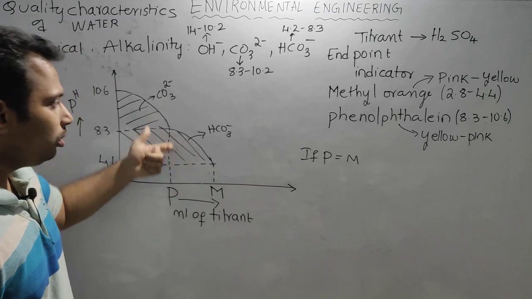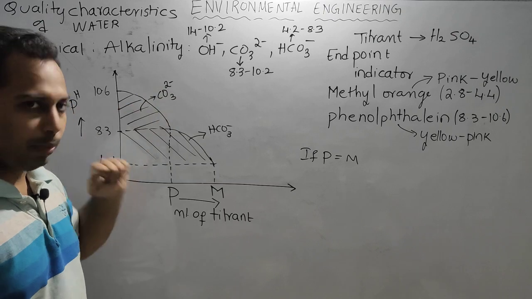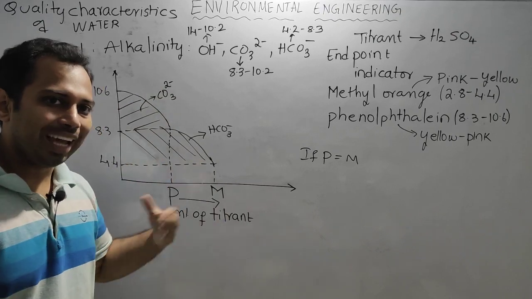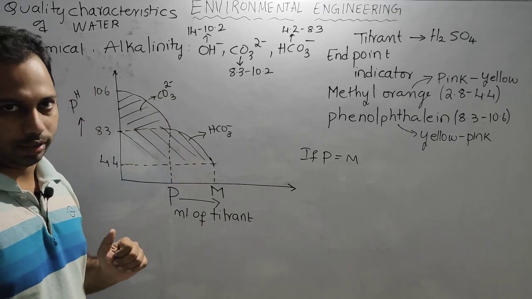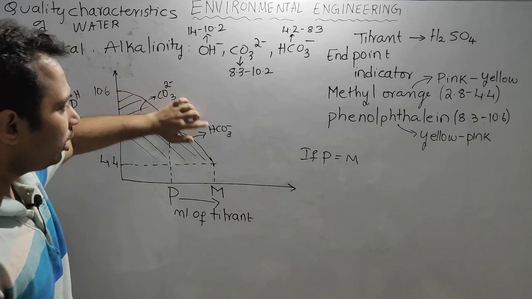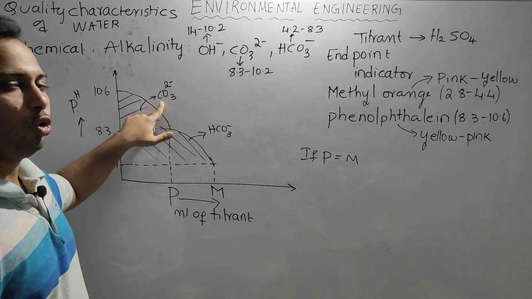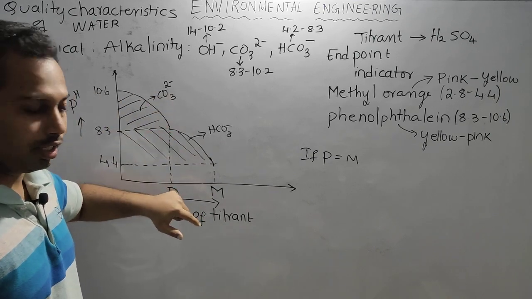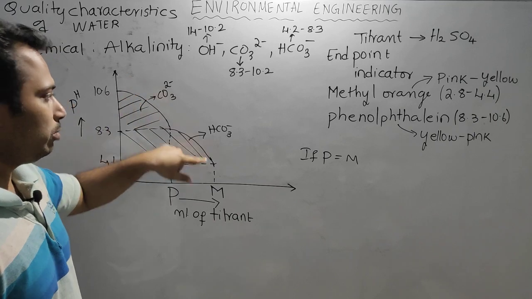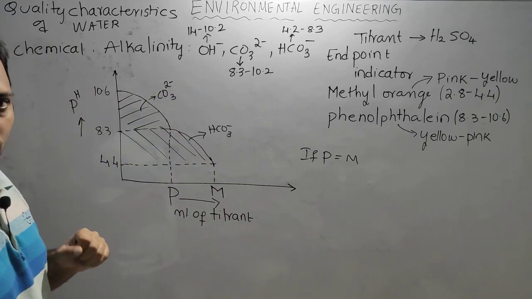But if HCO3- is present, CO3 need not be present, because HCO3 can be inherently present in water. Are you getting my point? But when CO3 2- is getting neutralized, it first has to become HCO3, and then this HCO3 will become H2CO3.